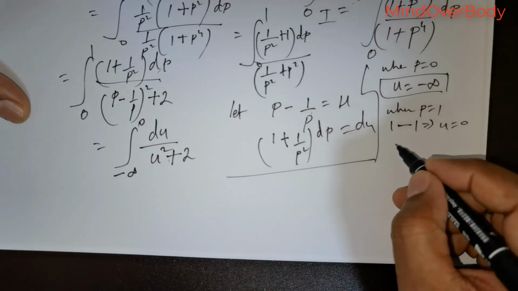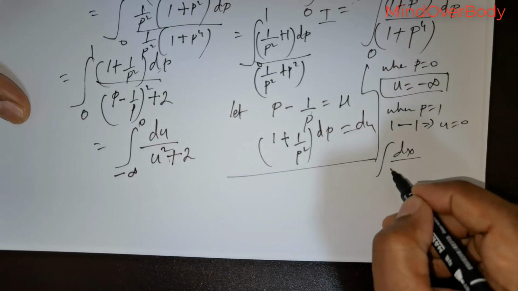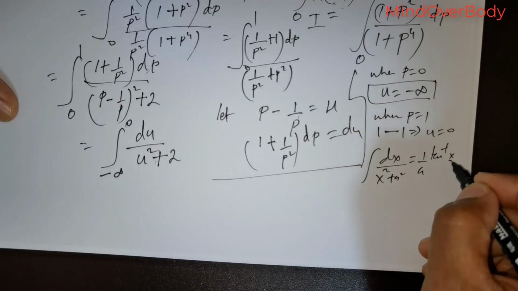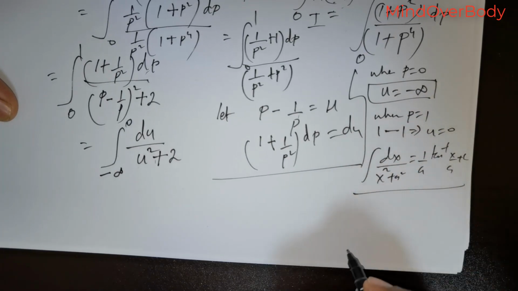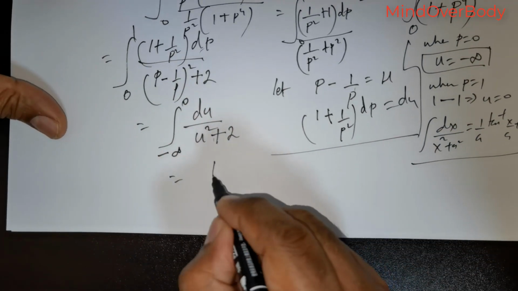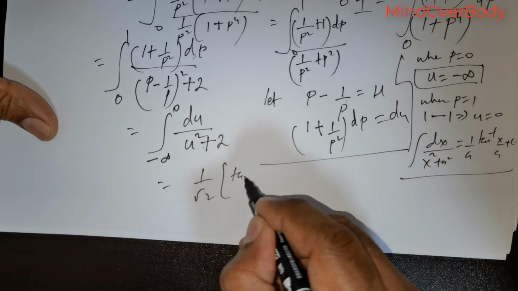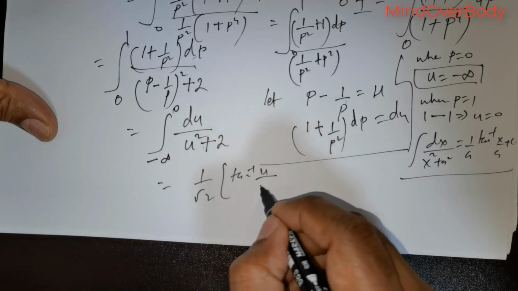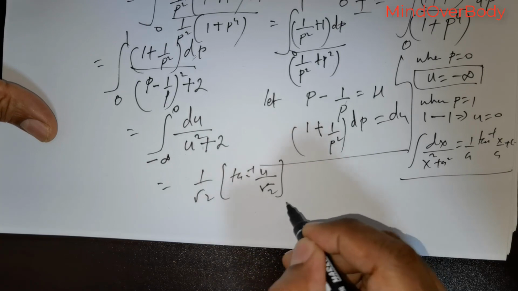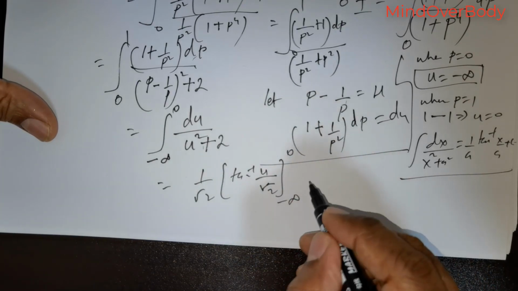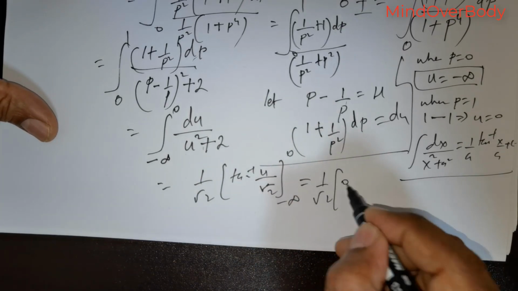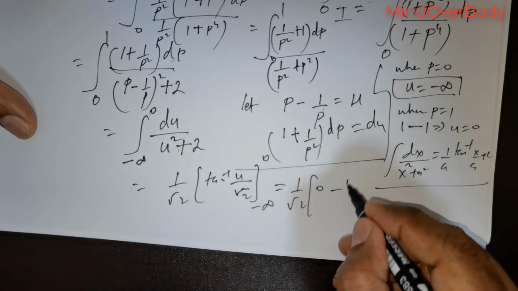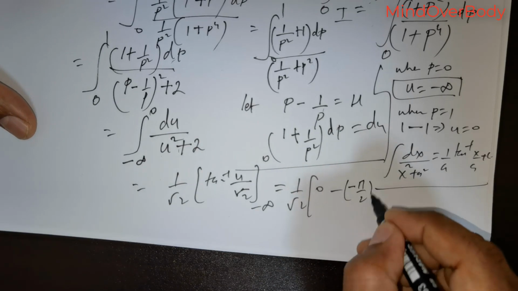So this is nothing but the integral of dx over x squared plus a squared. That's nothing but 1 over a tan inverse of x over a, plus c. Applying this, it is going to be 1 over root 2 tan inverse of u over root 2. Limits are negative infinity to 0. So when I substitute the upper limit, I will get 0. When I substitute the lower limit, it's negative infinity, so you will get negative pi over 2.